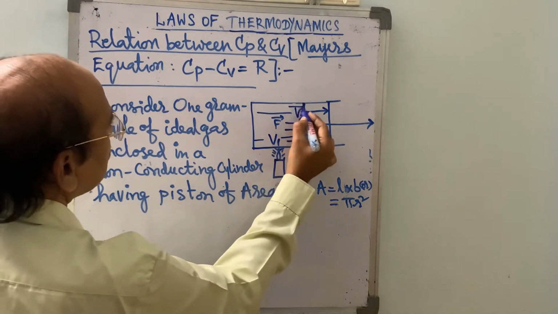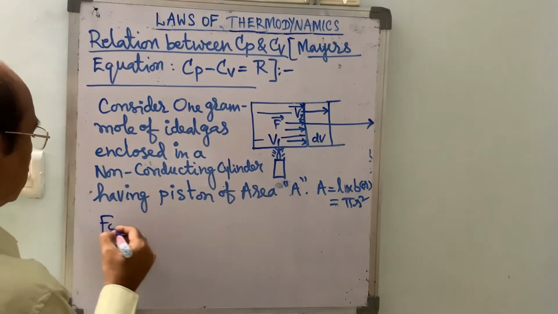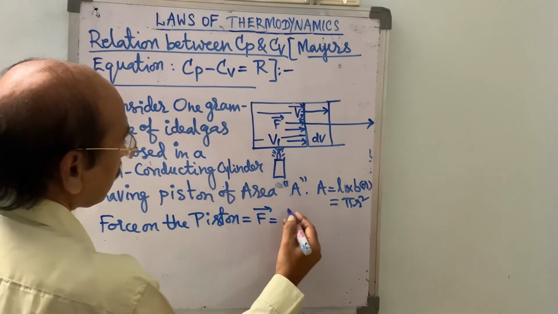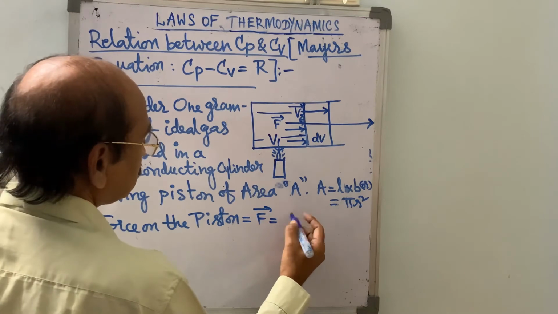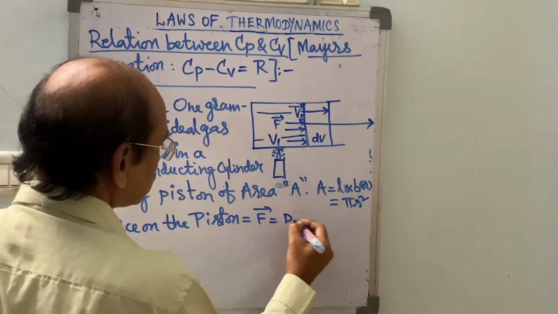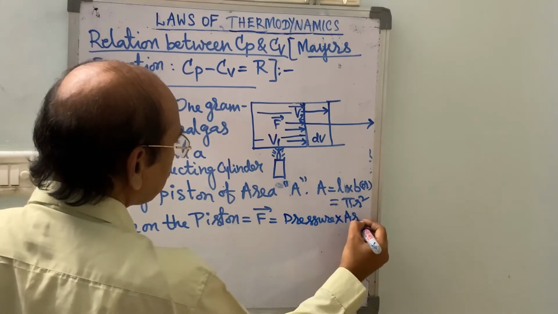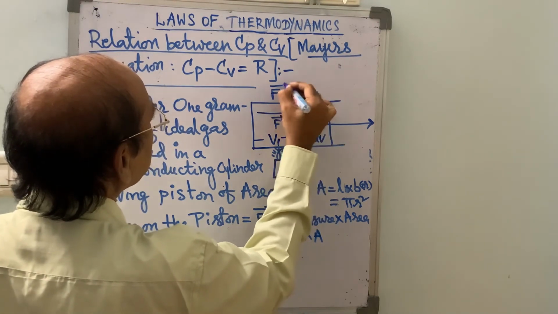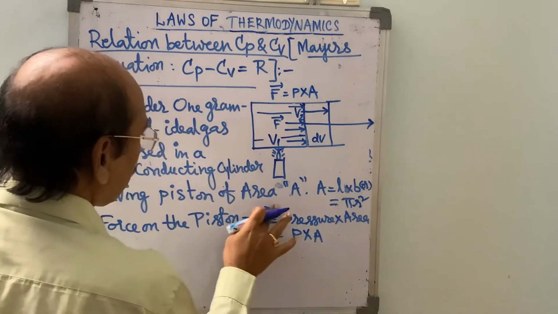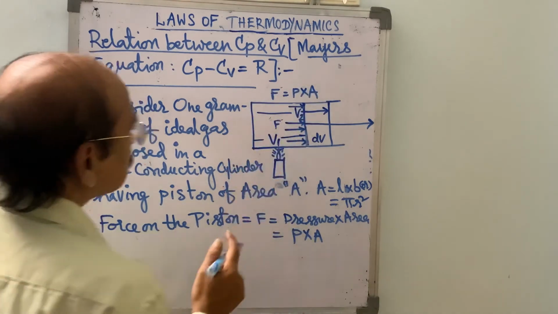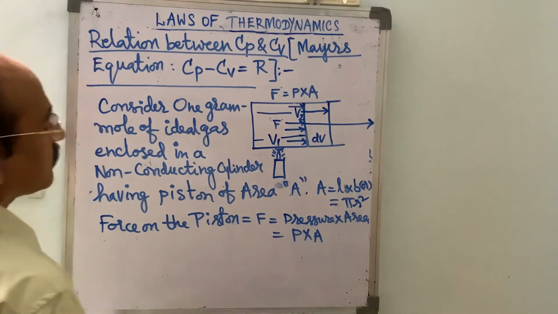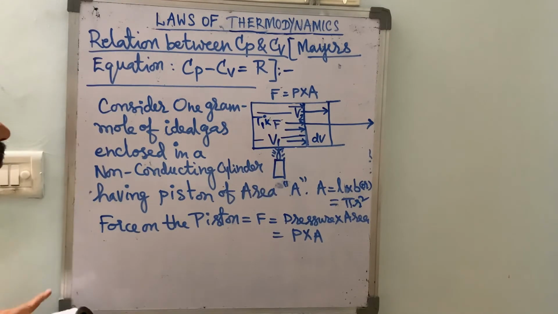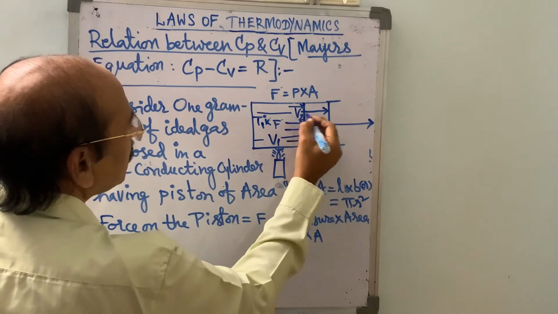Some force acts on the piston, and the force on the piston is given by pressure into area of the piston, so F is equal to P into A. When the temperature of the gas rises through 1 degree, that is T2 is equal to T1 plus 1, its volume increases from V1 to V2.